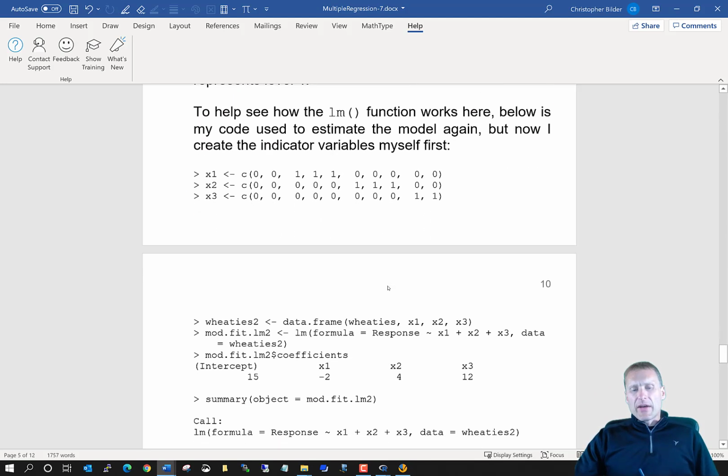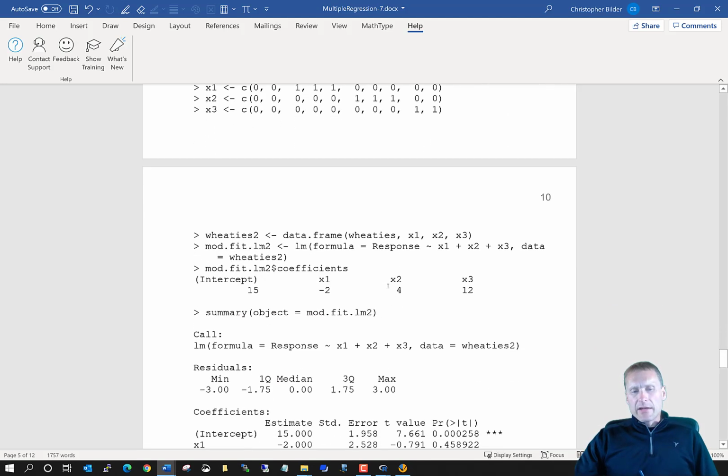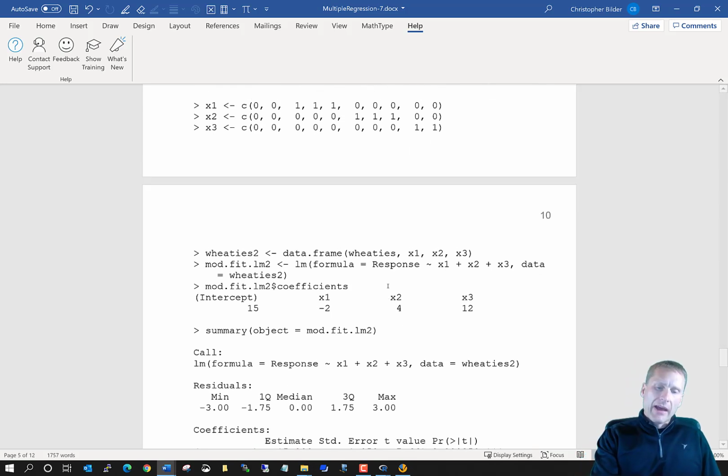And to further emphasize the point, I'm going to actually create independent variables x1, x2, and x3 that have this particular coding. If you have your notes open, take a look at page 7, where the first 2 observations correspond to design number 1. So in that particular case, x1 would be 0.